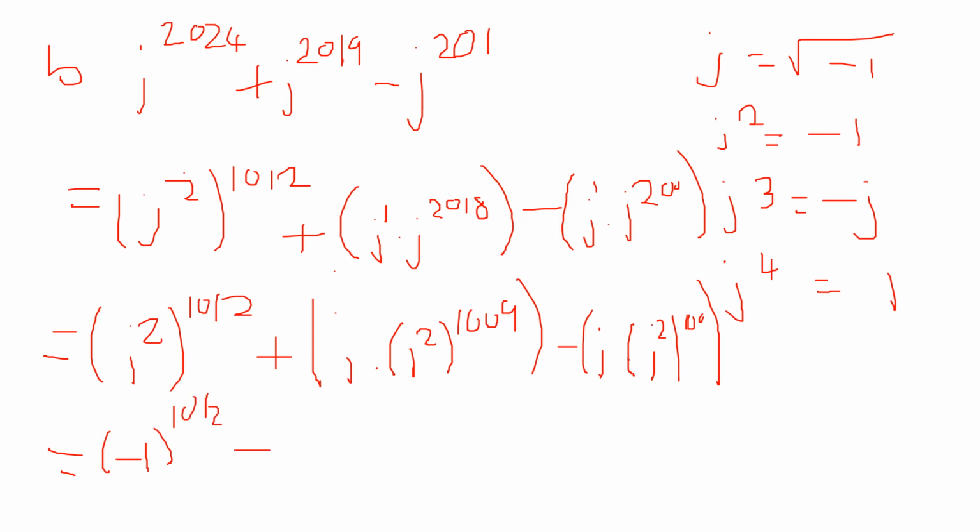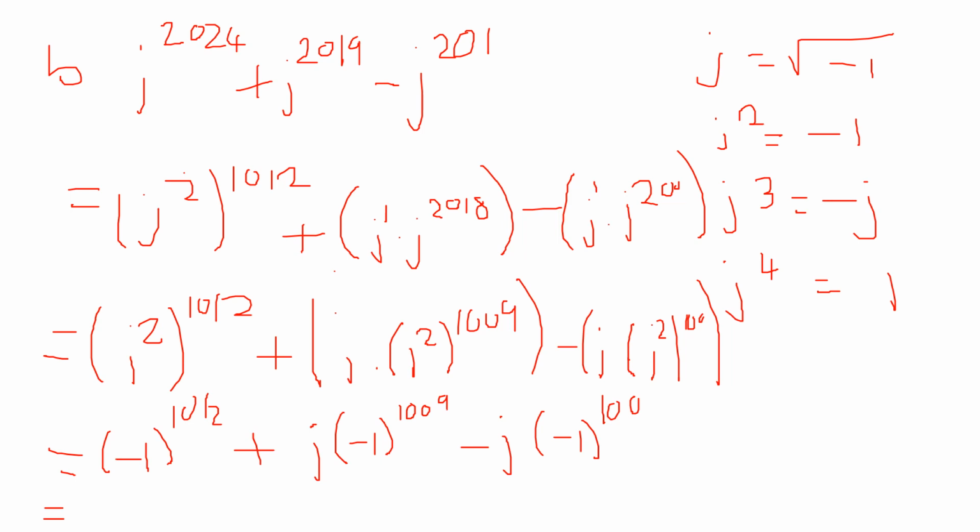And then I will be left with j here, and I know j squared is negative 1, all to the power of 109, and then also here it will be minus j, and I know j squared is minus 1 all to the power of 100. Now irrespective of how big the exponent is, if it's even, negative 1 to the power of an even number will always be a positive 1.